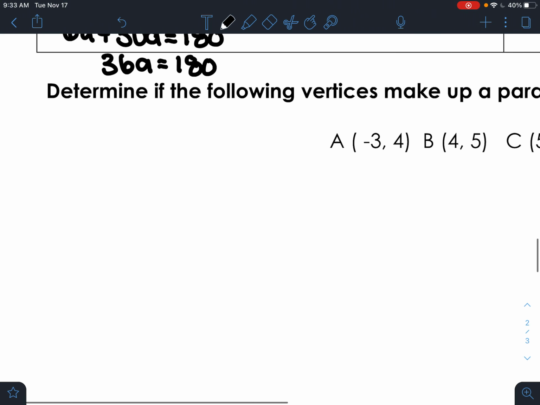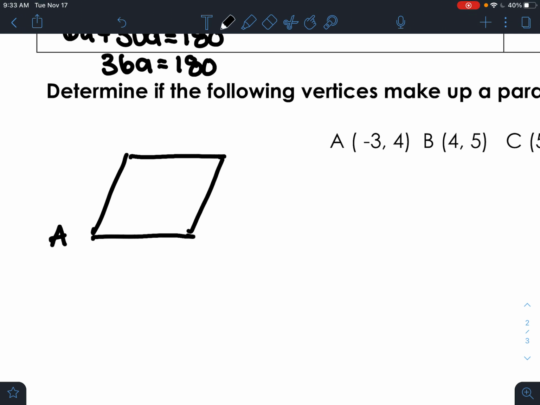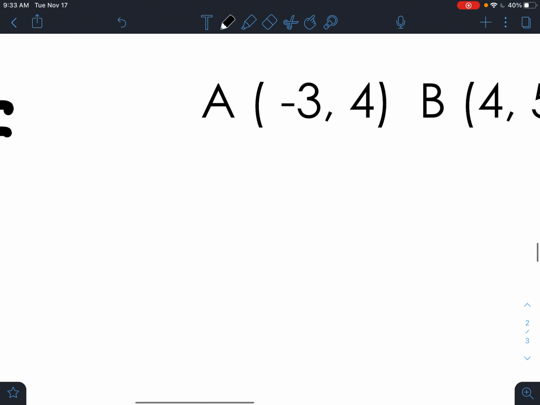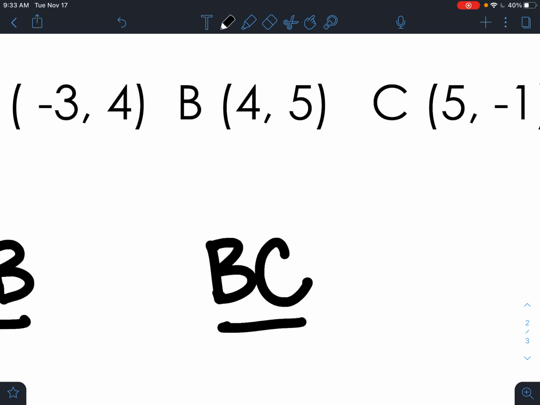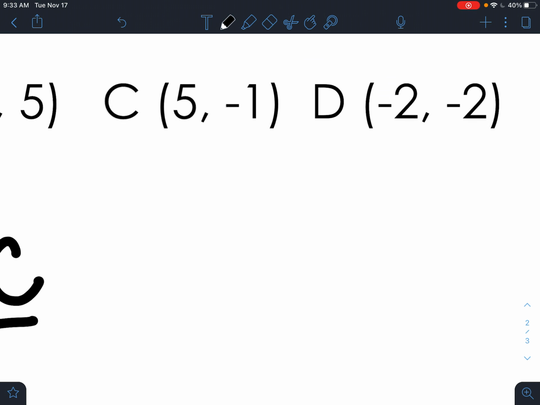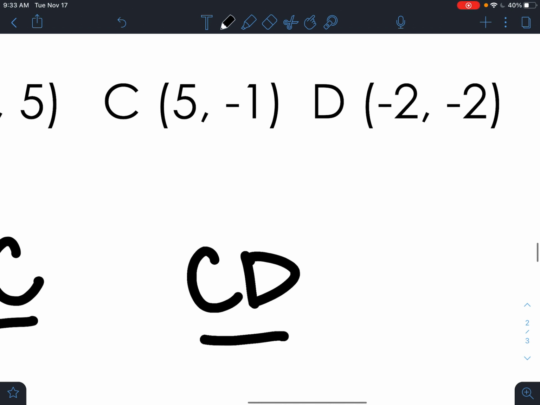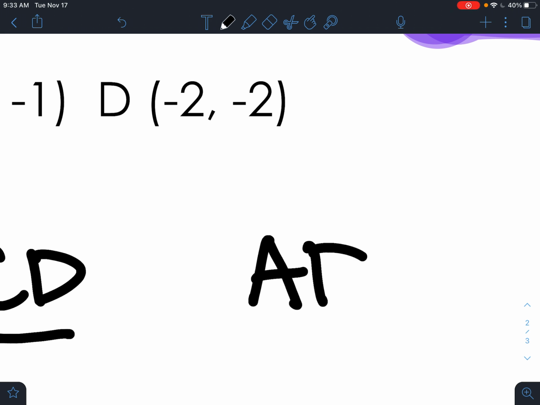If I sketch out this parallelogram as A, B, C, D, you're going to have to find the slope for AB, the slope for BC, the slope for CD, and then the slope for AD.